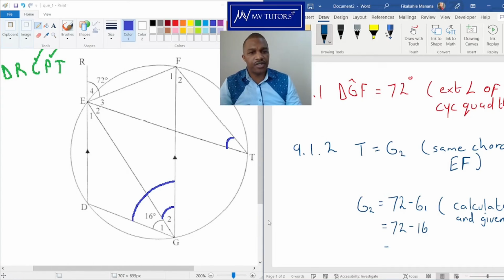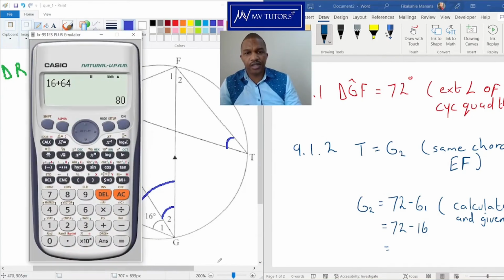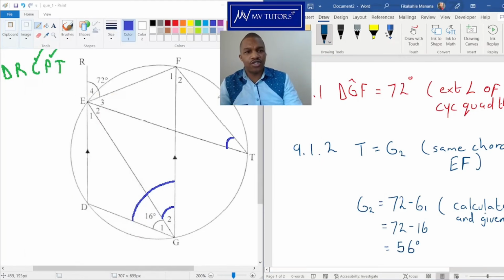Now we need to put this in a calculator. Let's bring up a calculator. So I'm just gonna say 72 minus 16, and we get 56 degrees. That's G2.